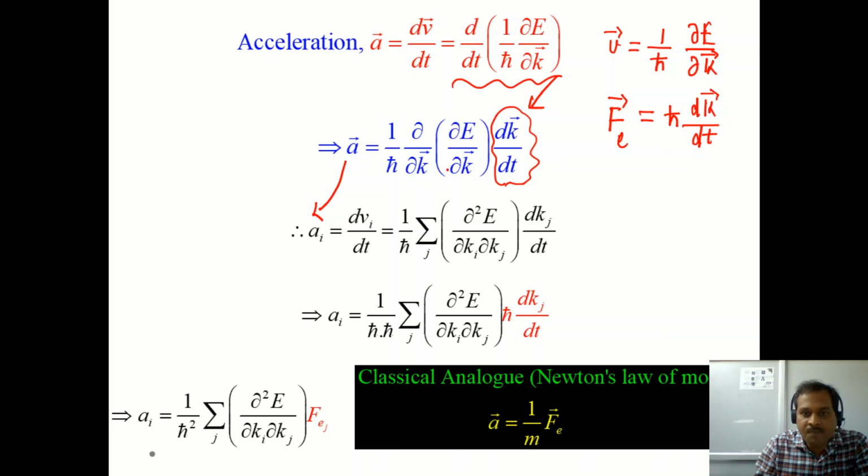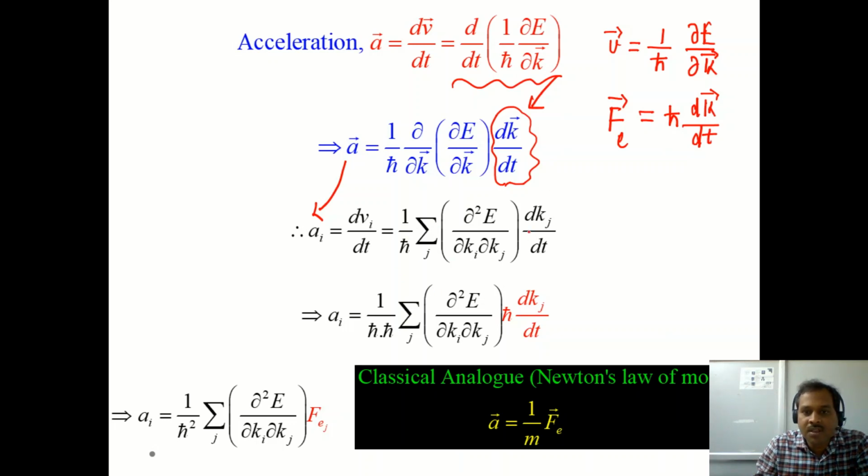We have to sum it over all the components of the k vector, that is dk_j by dt, and here also d by dk, dE by dk_j. So we have to sum it over all the components of the force.